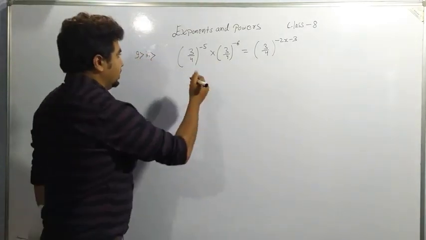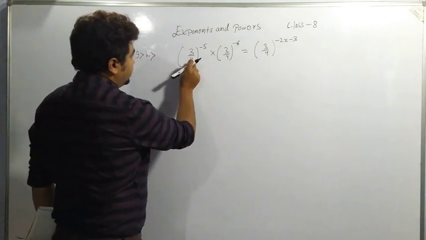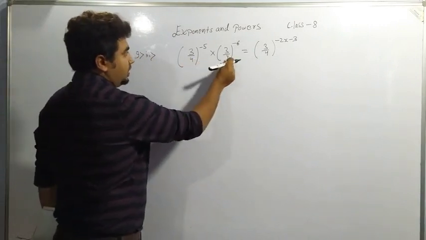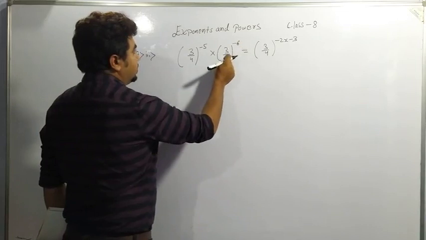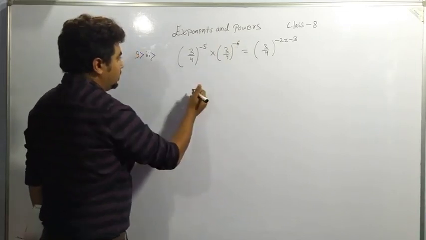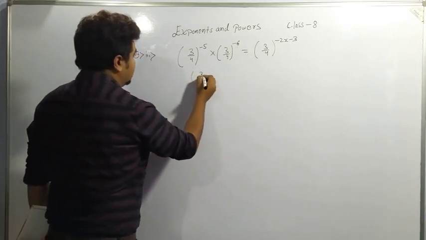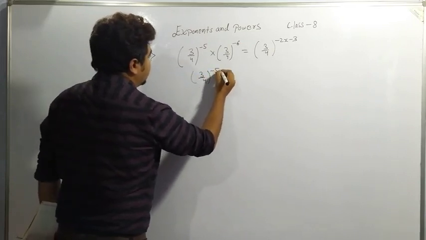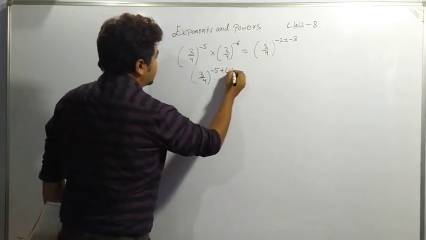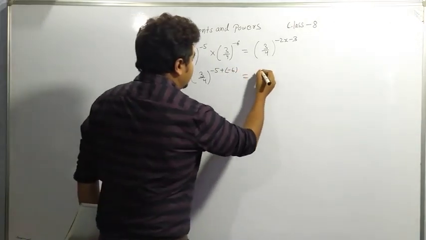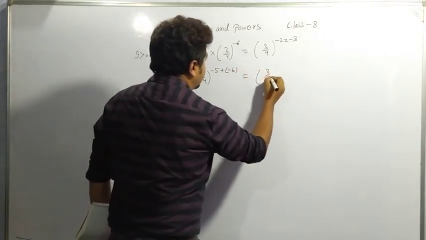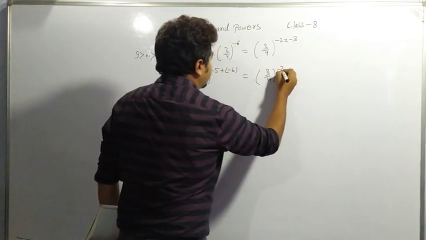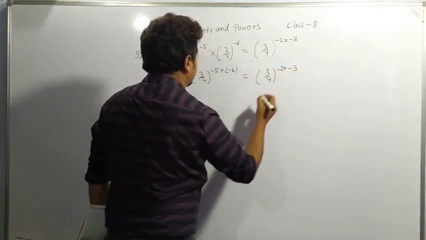So again we are able to see that 3 by 4 is the base here, and here the base is 3 by 4. Power and power will be added. So 3 by 4 to power minus 5 plus of minus 6 will be equal to 3 by 4 to power minus 2x minus 3.